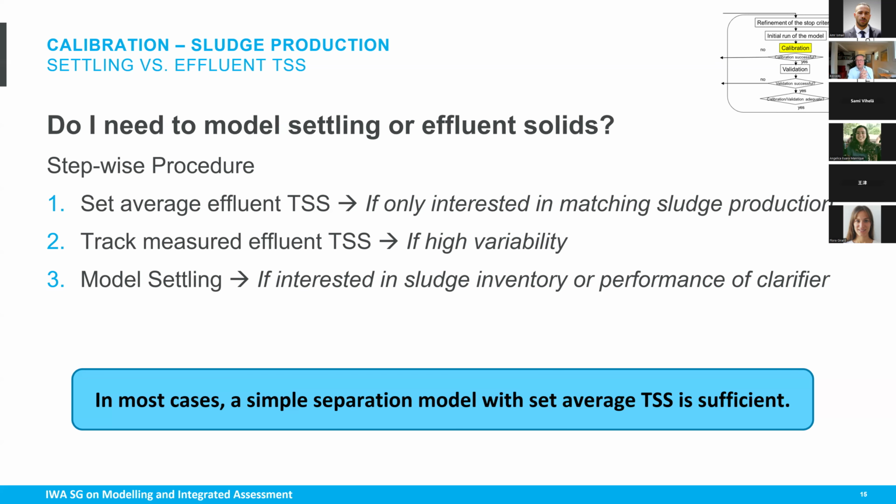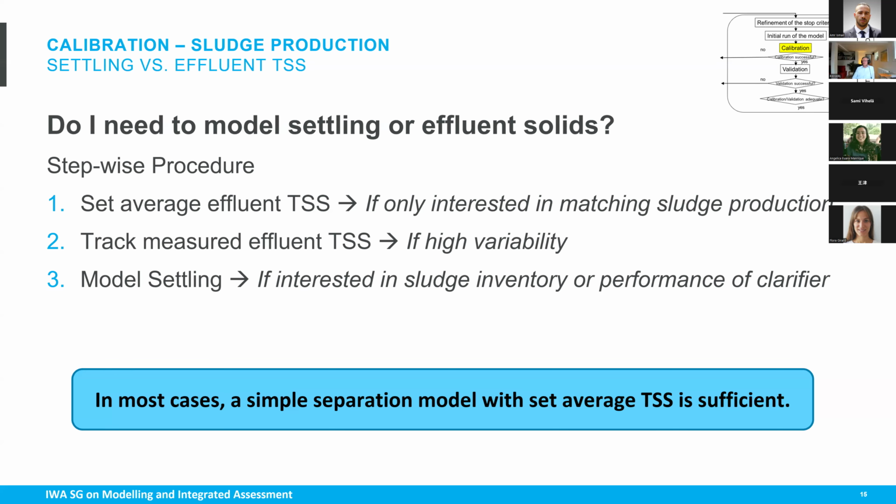So the second one is, if you know from your data, you have a high variability of TSS in the effluent, right? So you know an average would not capture your sludge production or your inventory loss through the effluent. So then you would basically track the TSS in the effluent.